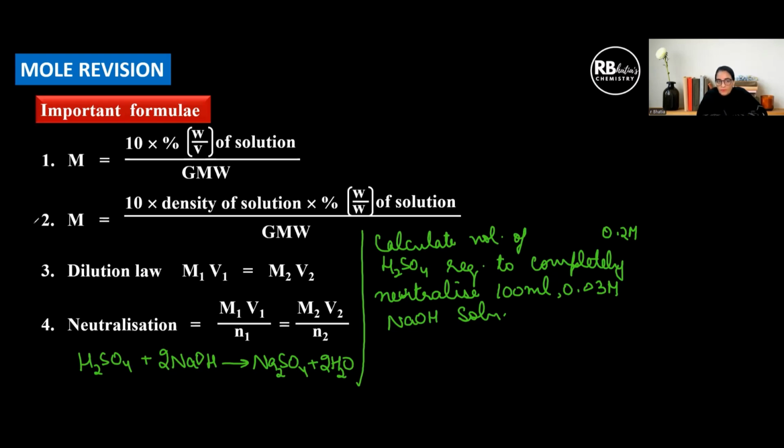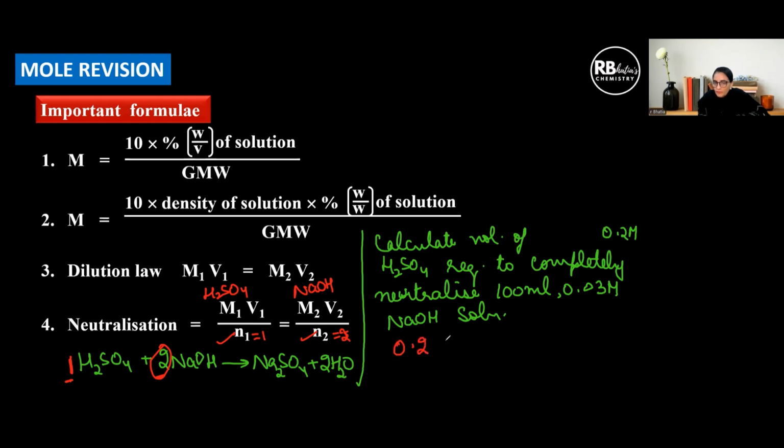This stoichiometric coefficient, this is 1 and this is 2, is what is written here. Okay, so if I'm taking this as sulfuric acid, then this N1 is going to be 1. If this is sodium hydroxide, N2 is going to be 2. Why? This is the stoichiometric coefficient in the balanced chemical equation. So what am I going to do? I'm going to put M1 as 0.2.